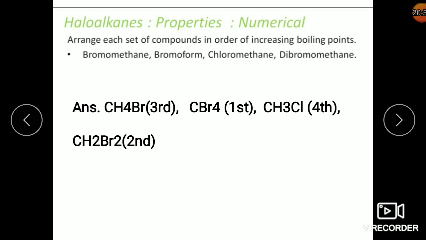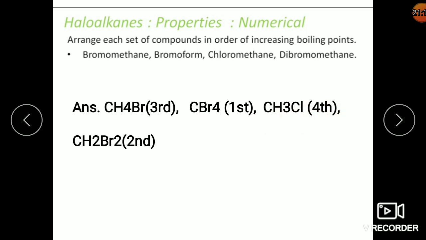So this will have the highest boiling point. Then here you are getting 2 bromine, this must be the second, this must be third. Please do correct it, CH3Br it should be, it must be third, and last you have a chlorine with a lower molar mass, so it must be the fourth.